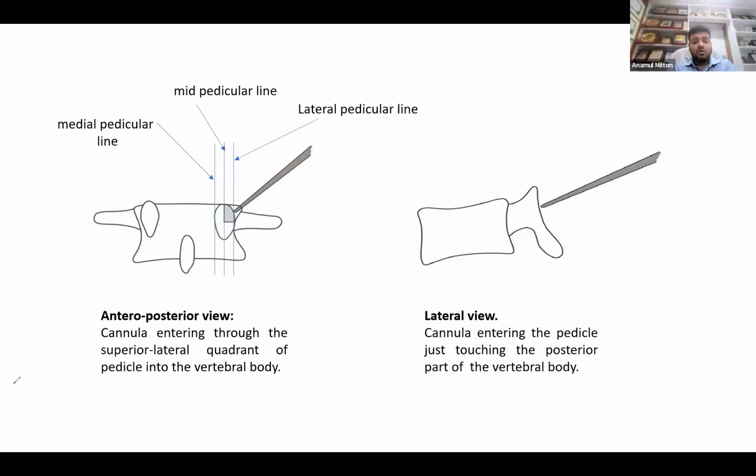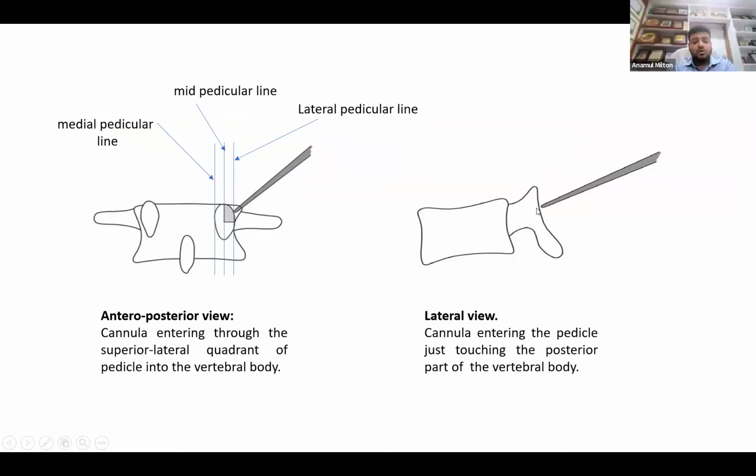Now, how do you proceed step by step? When we see that this is the oval shape pedicle, and our needle touches the superior and lateral portion of the pedicle in the AP view, then I go to the lateral view. At that time it touches the posterior part of the pedicle.